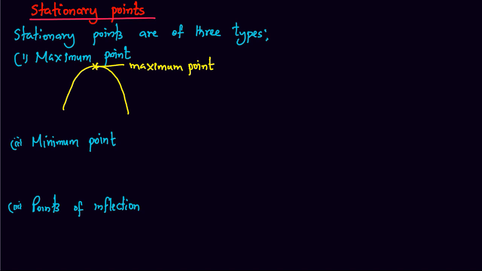Next, we have minimum points. So that is a minimum stationary point. And then next is what we call points of inflection. So points of inflection can take two forms.